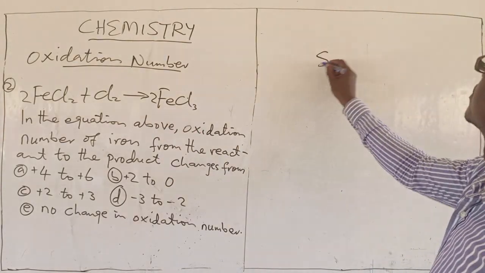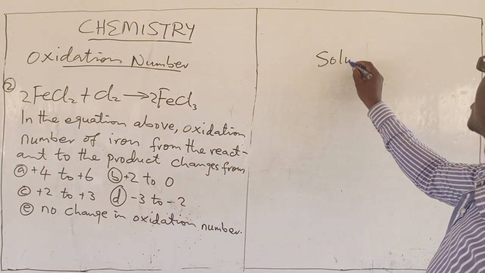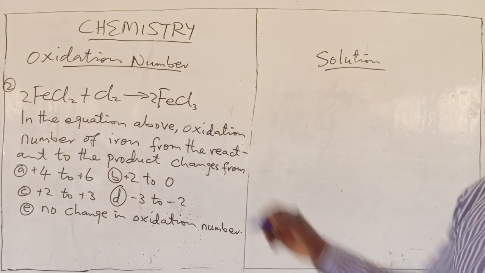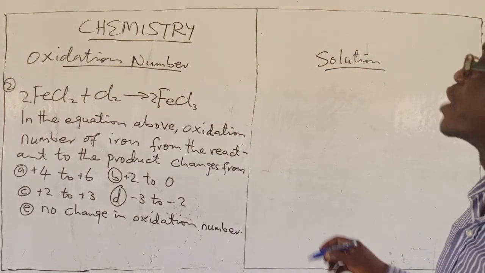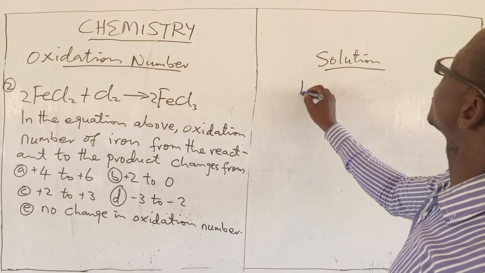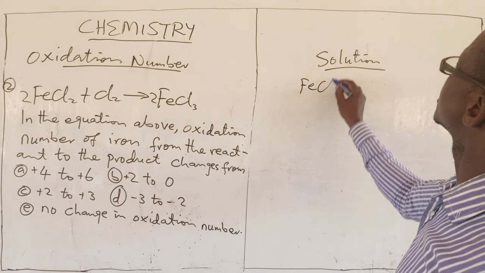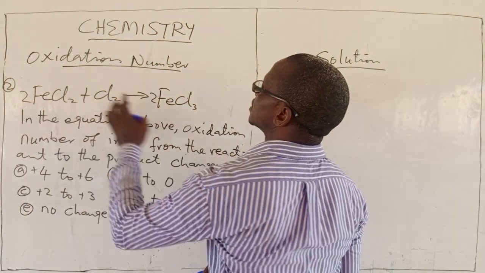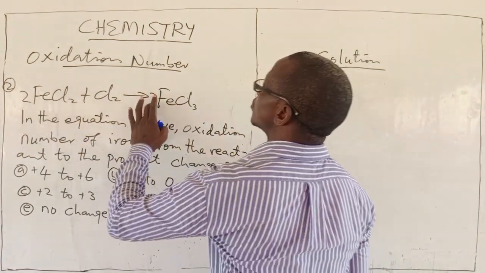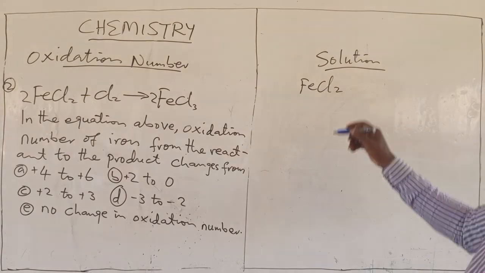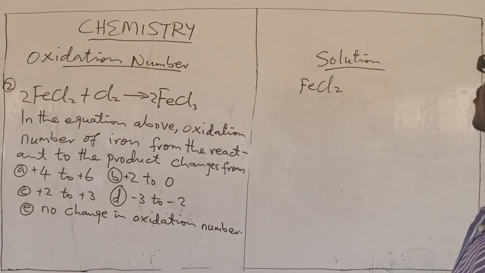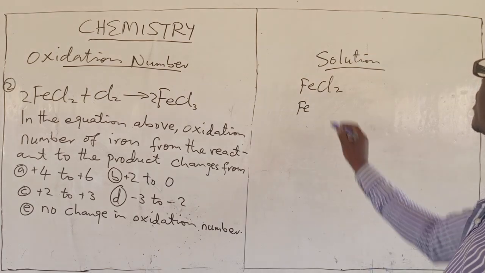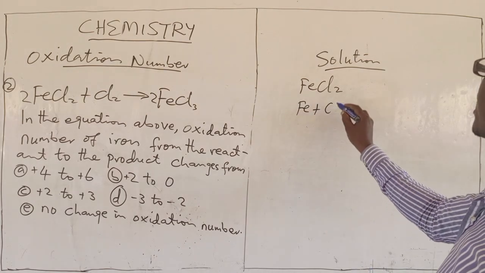So in the solution, let me start with the reactant. FeCl2. I don't bother about the balancing, the two behind them. So just find the oxidation number of iron. You don't know it here. Plus Cl.